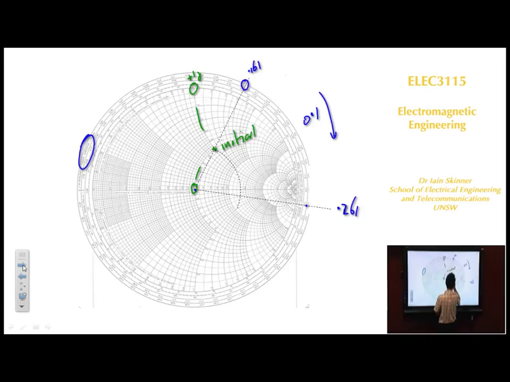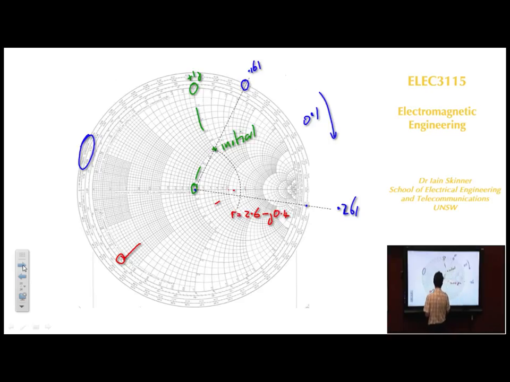The circle in here is 2, there's 2, there's 3, so this is about 2.7, 2.6, so R is equal to 2.6. Down here we're on the circle coming down, which is following it down. The value is 2.6 minus J0.4.